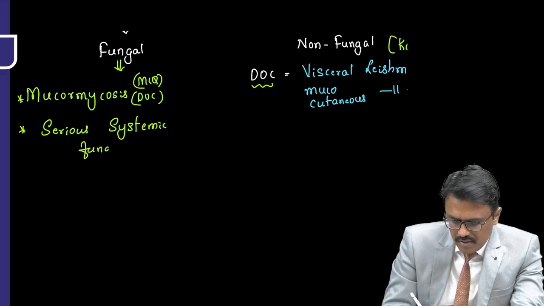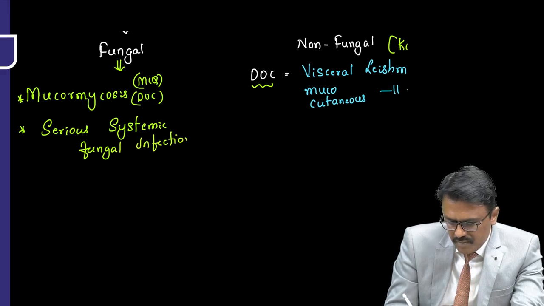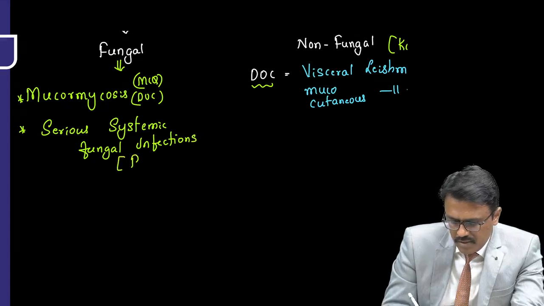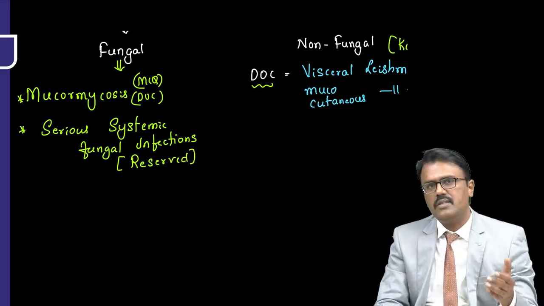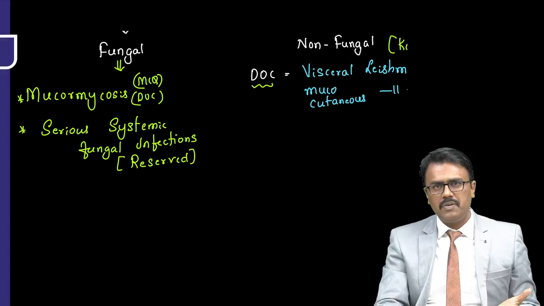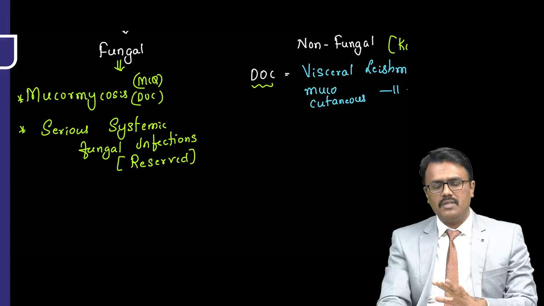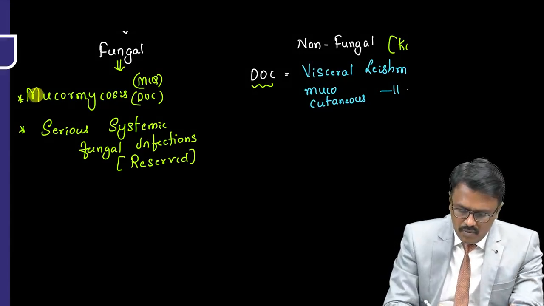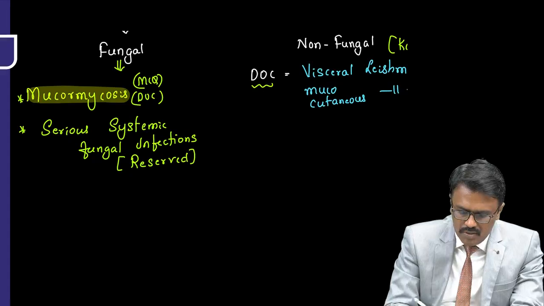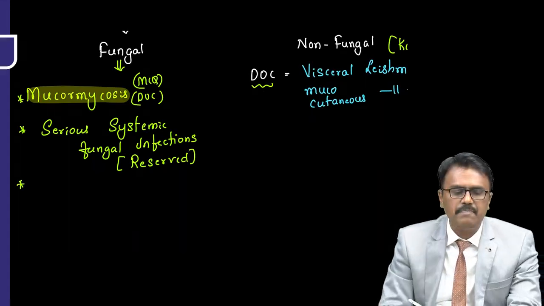Usually for systemic fungal infections, nowadays we have the azole group of drugs. They end with conazole. If they are not working, then only we use amphotericin B. Otherwise, we use it only for the management of mucormycosis, because that is the best drug we have now.